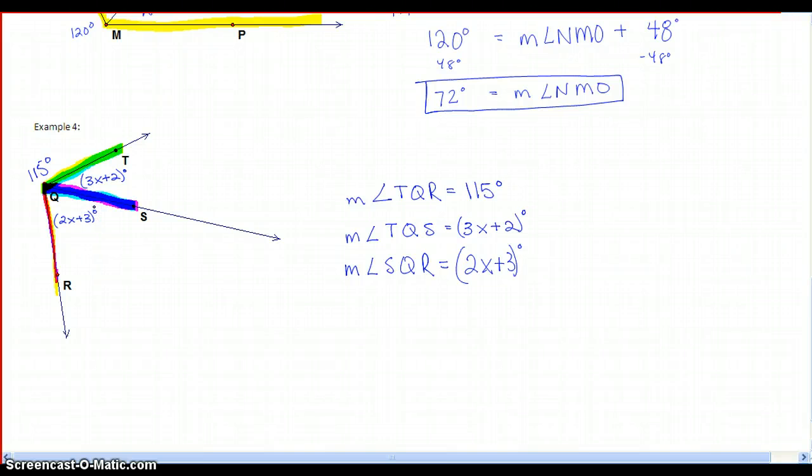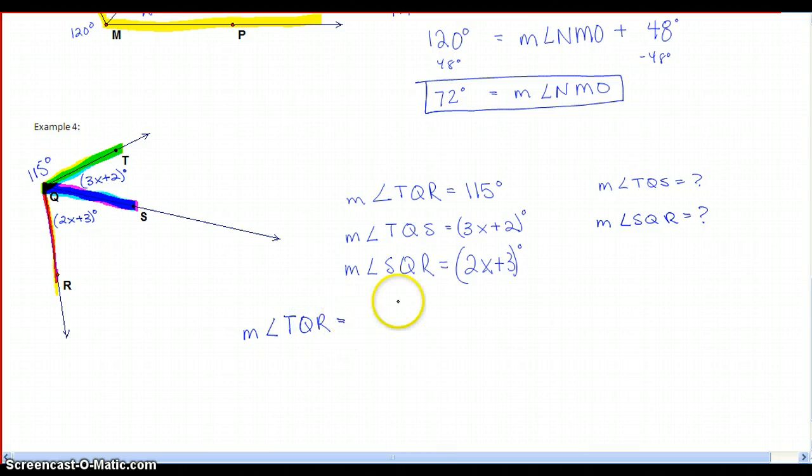And we want to find out the measure in degrees of TQS, and the measure of angle SQR. How many degrees are each of those angles? Since we have an entire angle here, following our angle addition postulate, you take the entire angle TQR, and how is that formed?